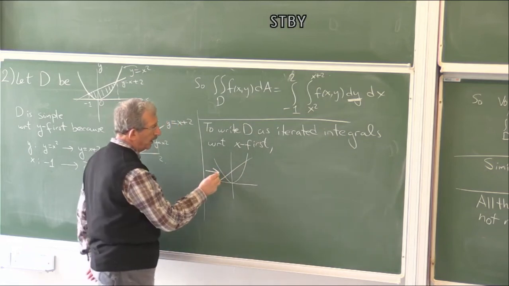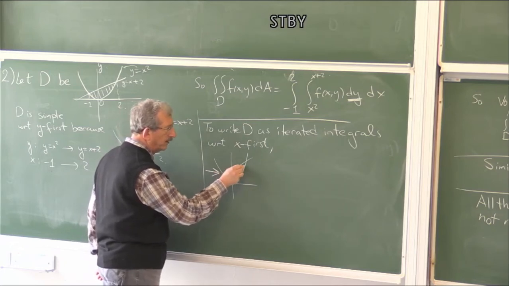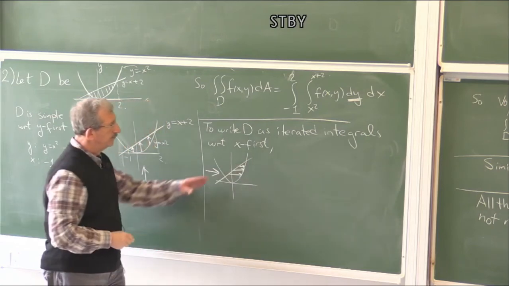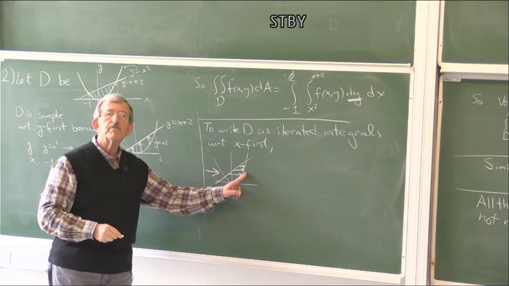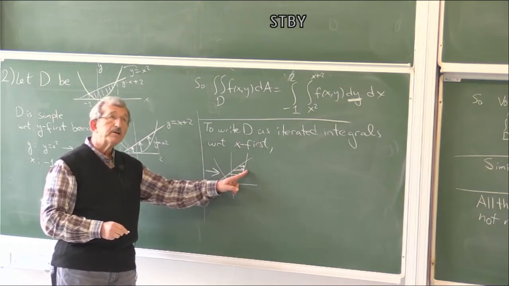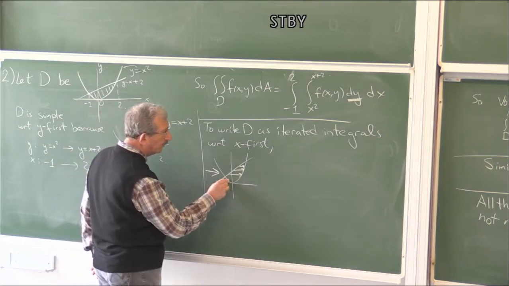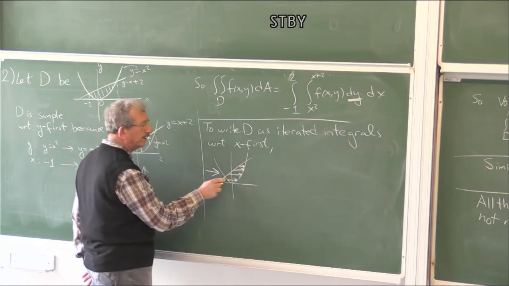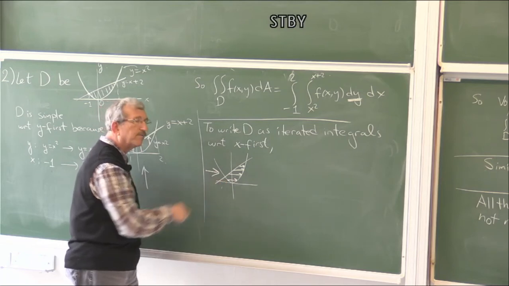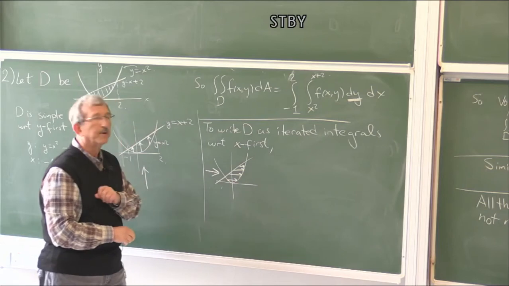So we hit the region from the line and then leave the region from the right branch of the parabola. But this is not always so. Namely, starting at a lower point, we don't enter the figure from the straight line, but we enter it from the left branch of the parabola, leave from the right branch.